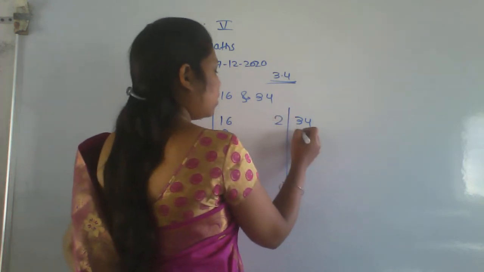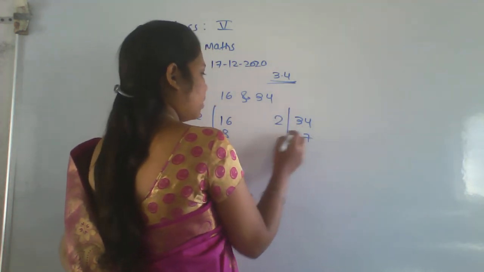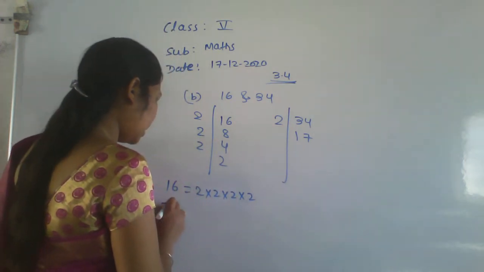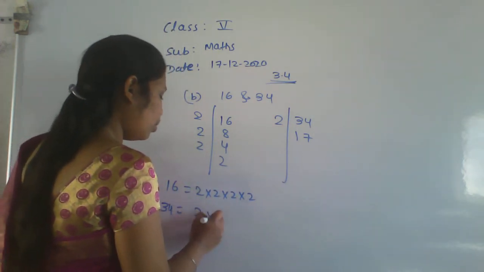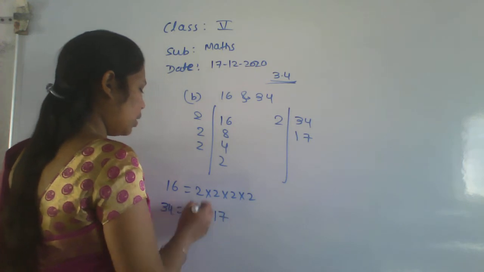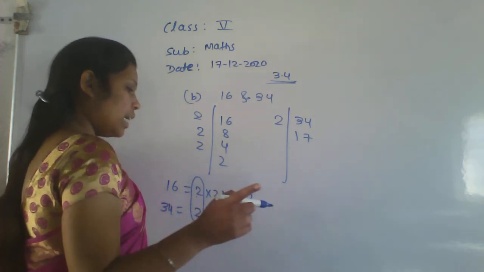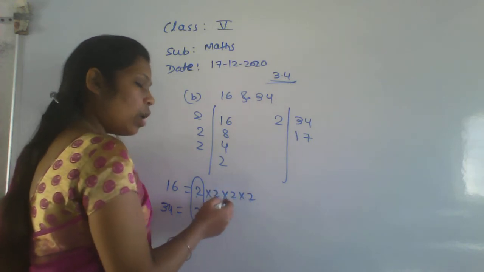Next, 34 is 2 into 17, and 17 is a prime number, so leave that. So 34 is equal to 2 into 17. Here 2 is the only common number. Write it only one time, and the other 2s you also have to write.